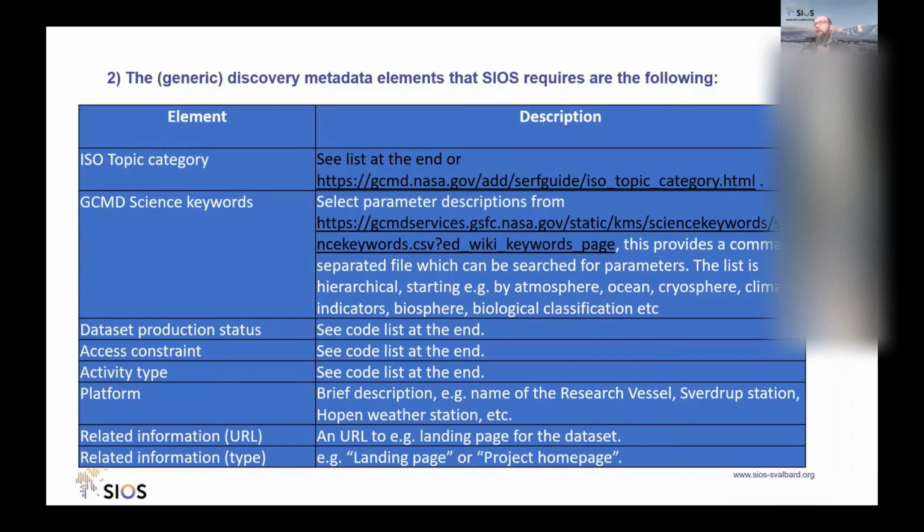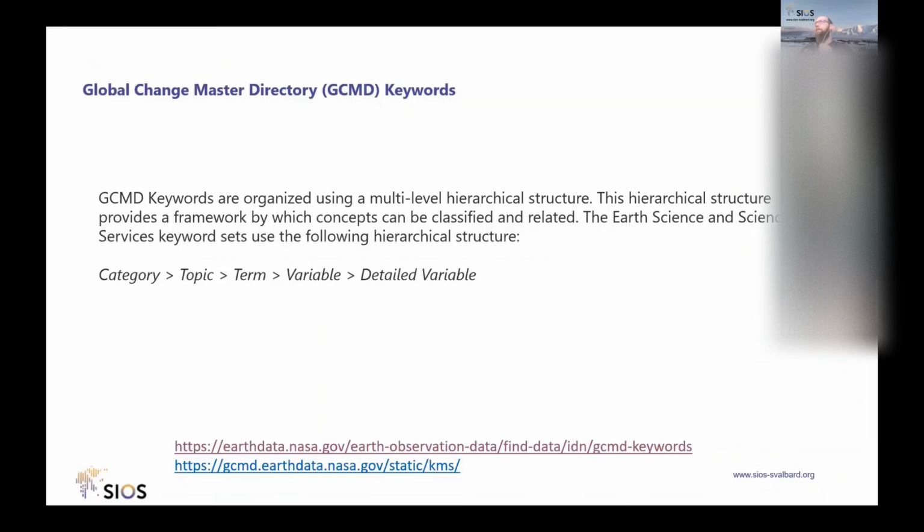One of the most important parts of the discovery metadata is the GCMD Science Keywords, which help us to make the data more interoperable. So what are the Global Change Master Directory keywords?